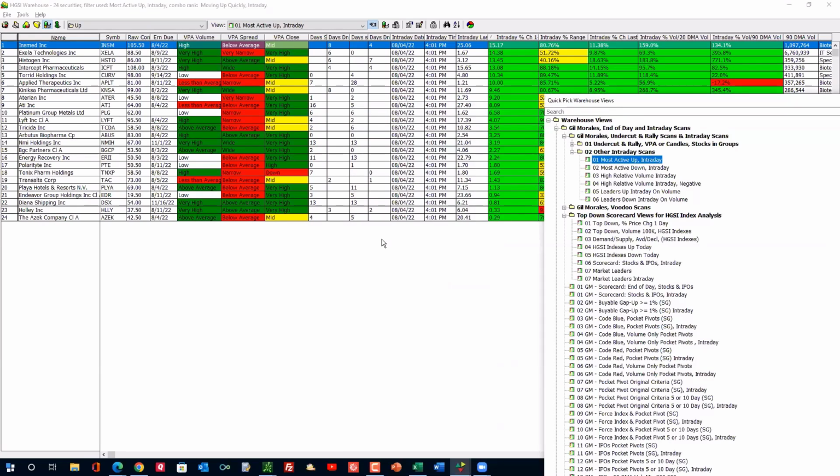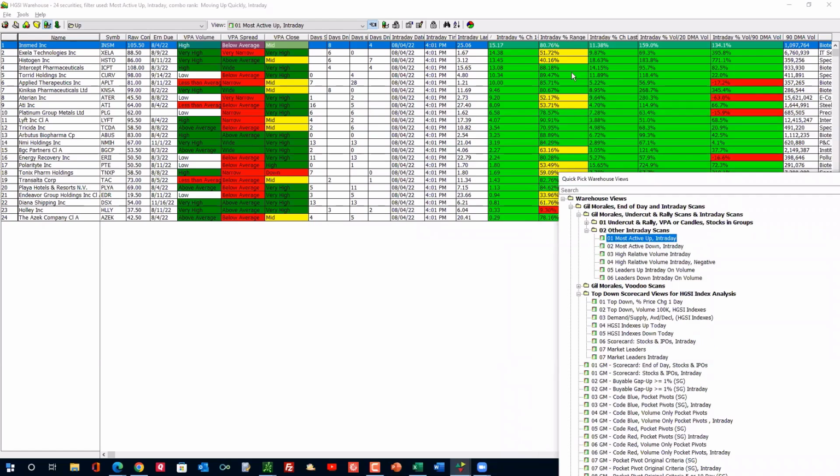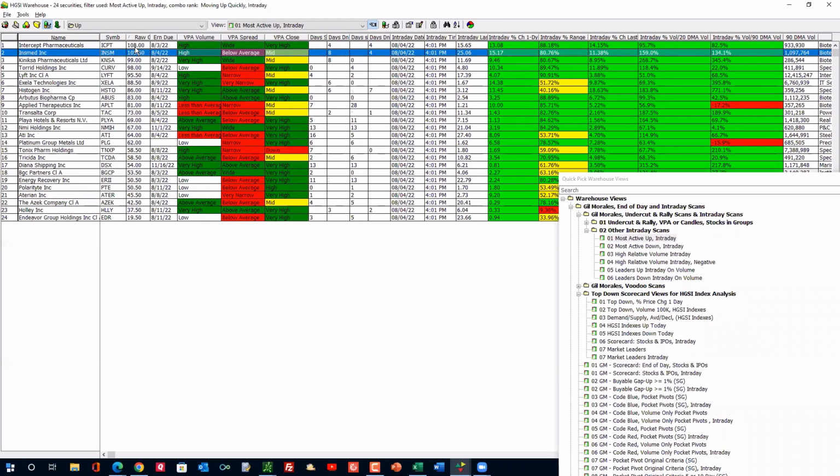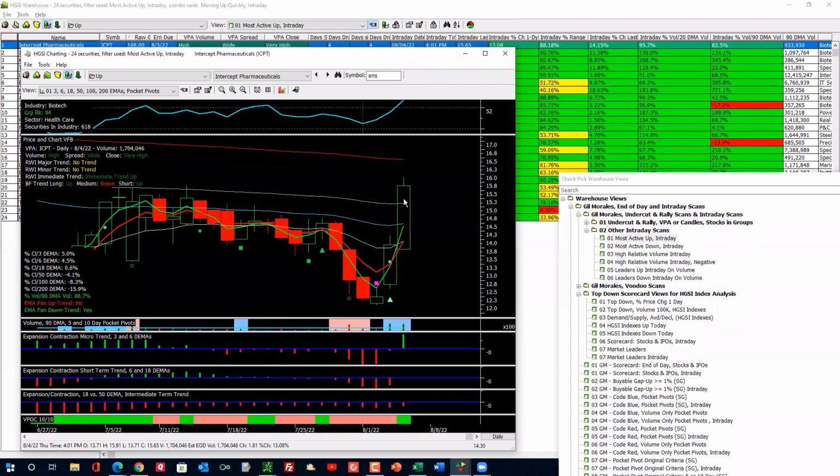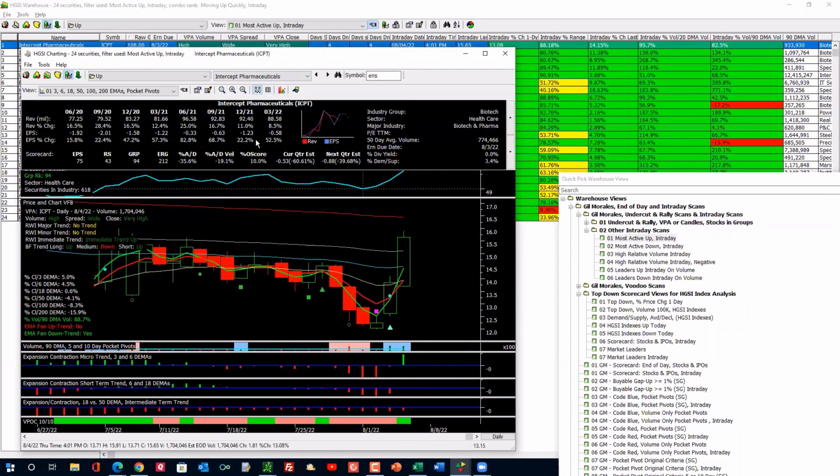So I know these are between $1 and $30, and I'm looking for the most active scans, and here they are. You can see they're all up today, and I sort on the raw combo. There you go, $14 stock that is showing earnings growth. Earnings are negative, but the earnings growth is positive.